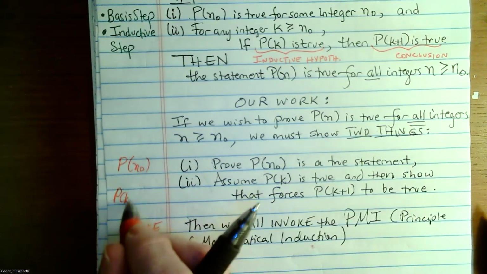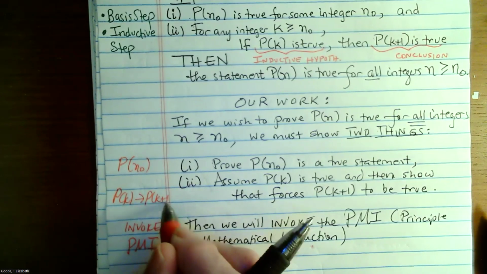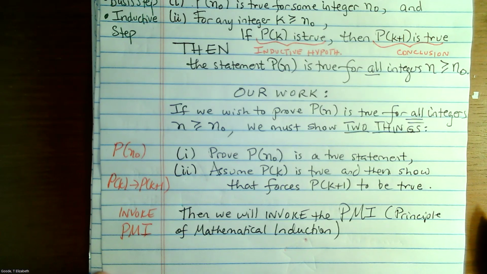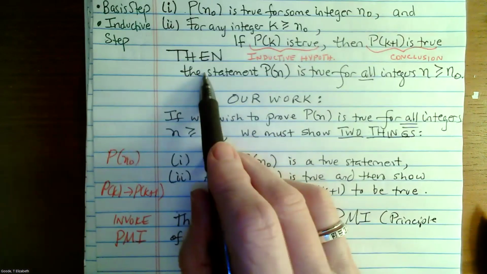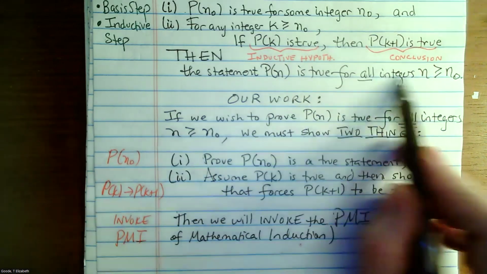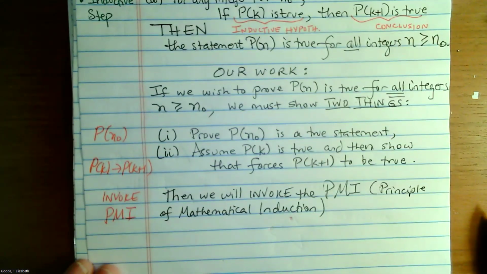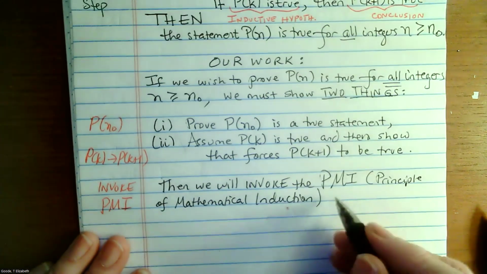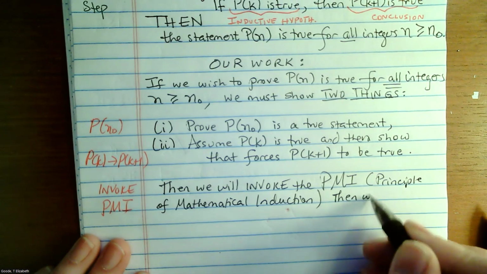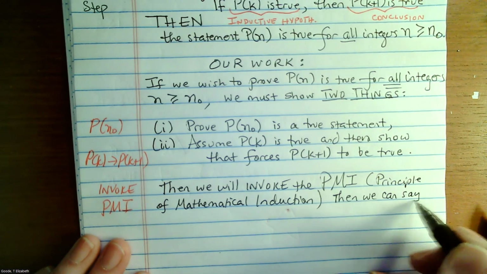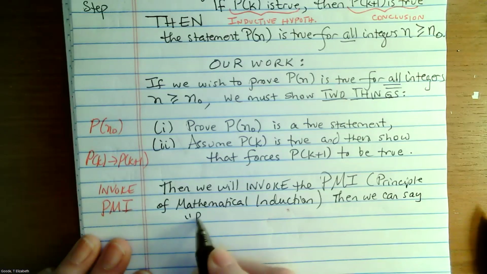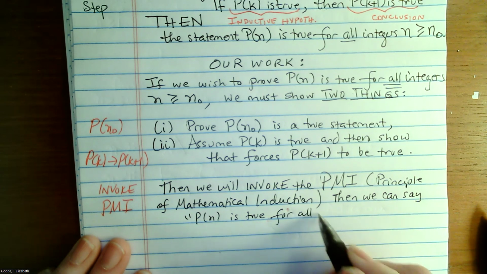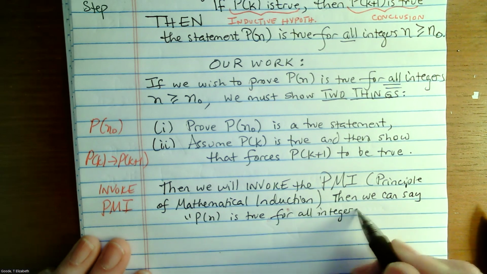And then P of k implies P of k plus 1 has to be proven. And then we just invoke the PMI. And that is a statement that says, hey, the statement you're looking at is true for all integers greater than or equal to n naught. Then we can say that P of n is true for all integers n greater than or equal to n naught.